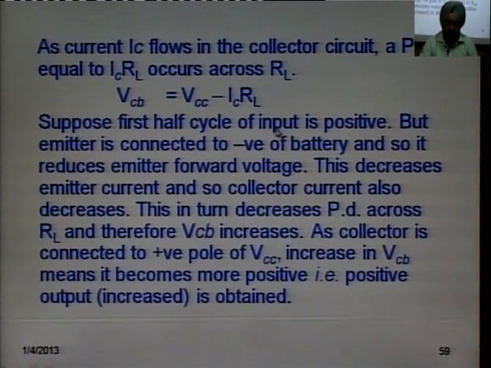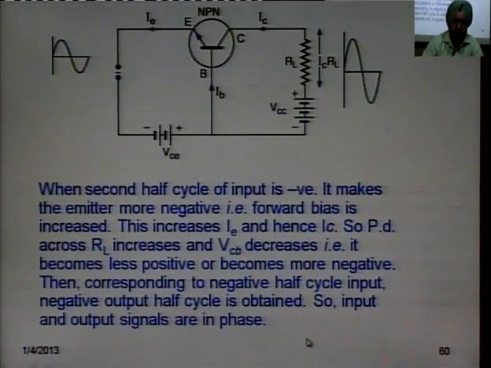Suppose the first half cycle, as I told you, is positive. So, what has happened? The collector is connected to the positive pole. This increases VCB, which means it becomes more positive. That is, the positive output has been increased.